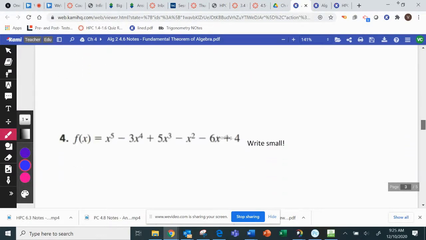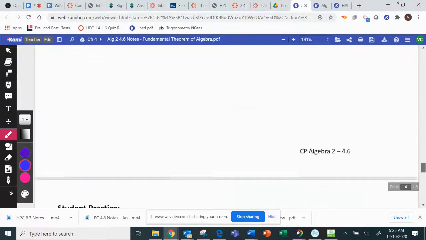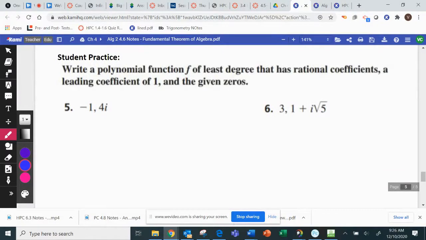The only thing I didn't get to is you're going to see some questions at the end of the worksheet that say write a polynomial function with least degree. That's the one part we haven't got to yet, so we'll do that on Monday.